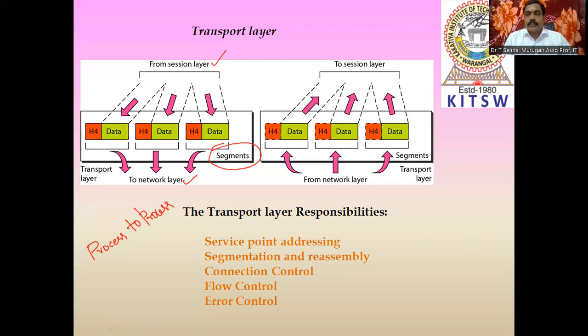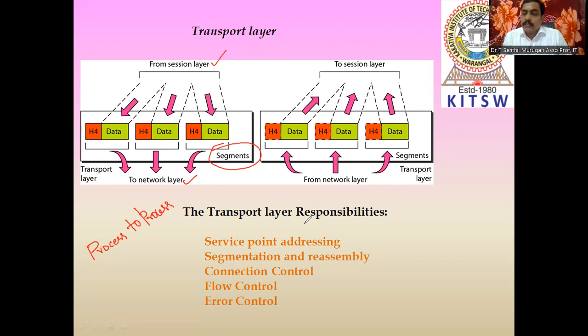Next is service point addressing. What is service point addressing? We know that our computers often run several programs at the same time. We are using Gmail, WhatsApp, playing games; many applications at once.